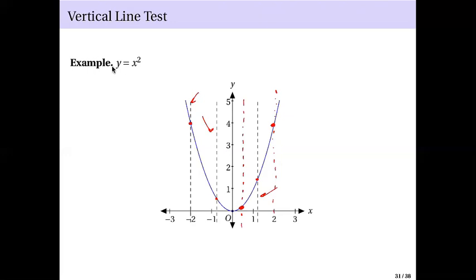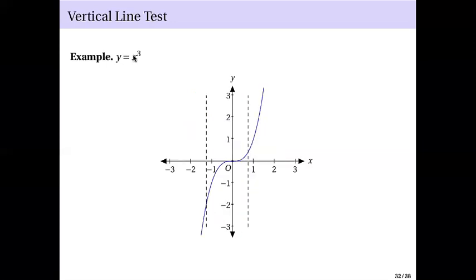So this equation here, y equals x squared, it defines a function. Y equals x cubed. So this equation here, the graph is this guy here. And this is also a function. Meaning, if you get any vertical line, it will intersect the graph just once, or at most once.